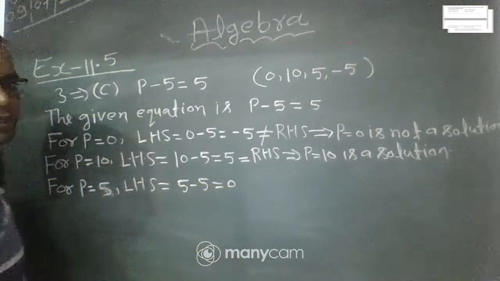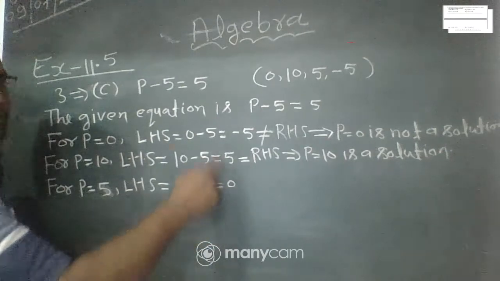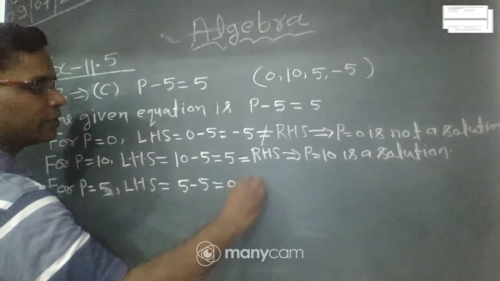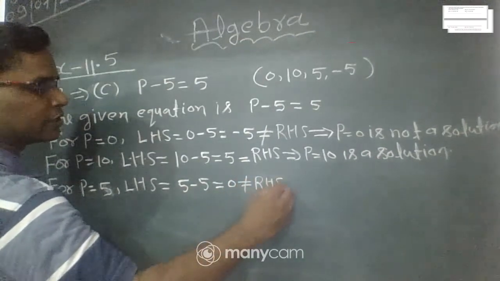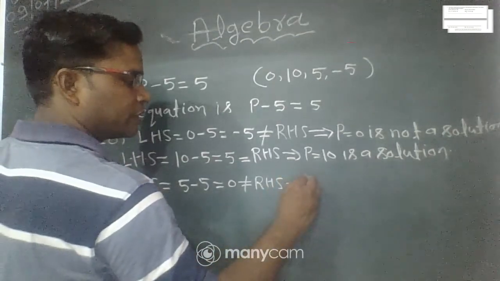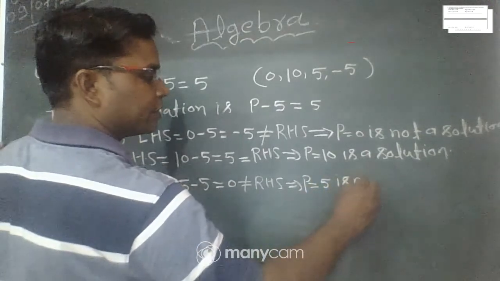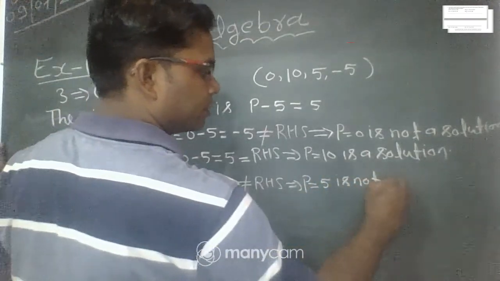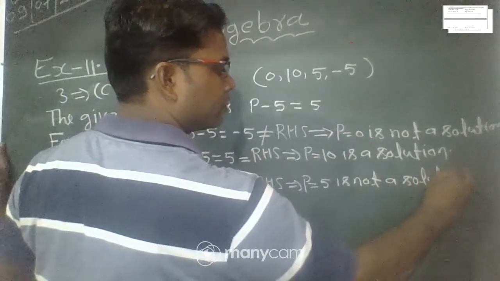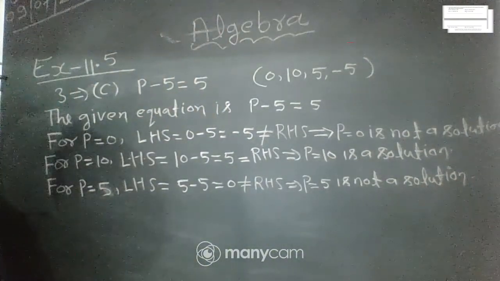This is equal to 0. 5 minus 5 is 0, but this is the left hand side, and the given right hand side is 5, so you can say this is not equal to the right hand side. So this implies that p is equal to 5 is not a solution. Okay, p is equal to 5 is not a solution.